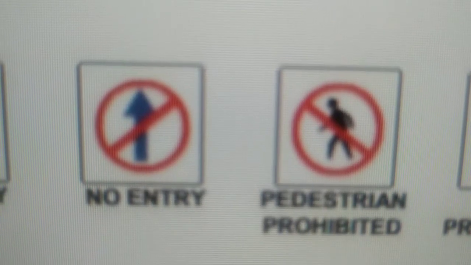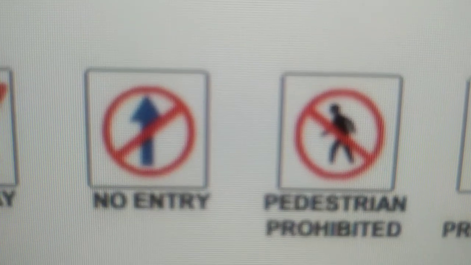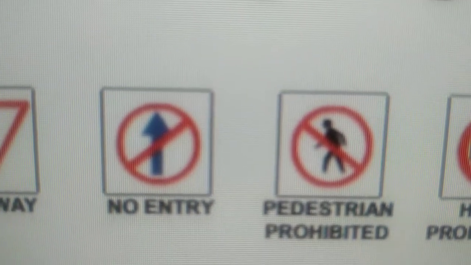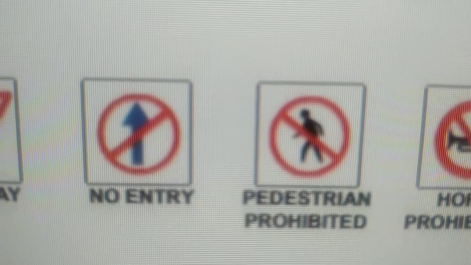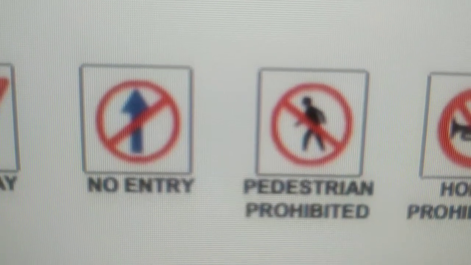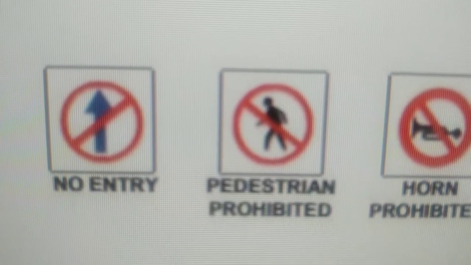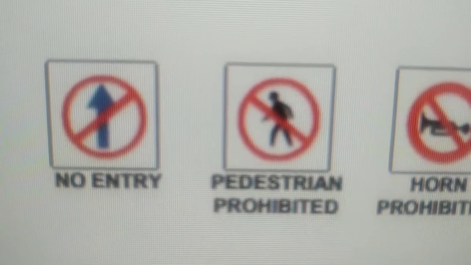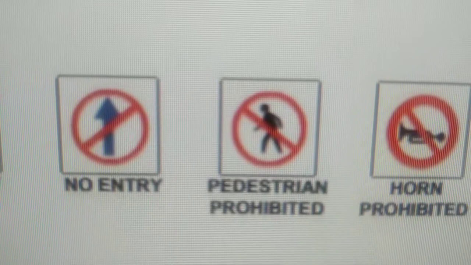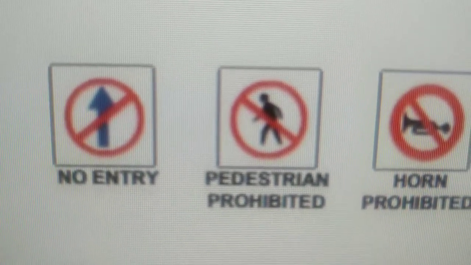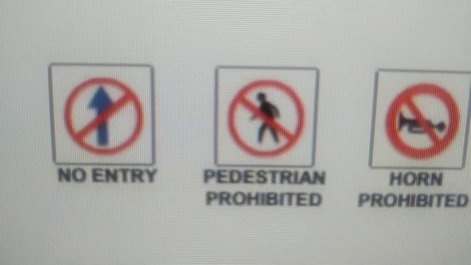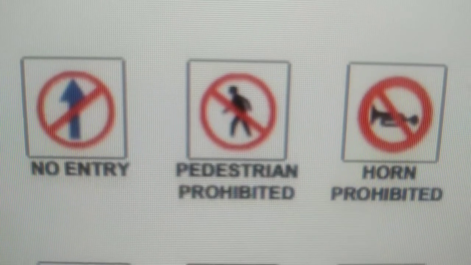So this is the sign of stop, okay, and this is a sign of no entry, right? There's an arrow and a cross. That means not allowed, no entry. Next is a man walking and it is again given a cross. That means pedestrian prohibited, not allowed to walk in that area.